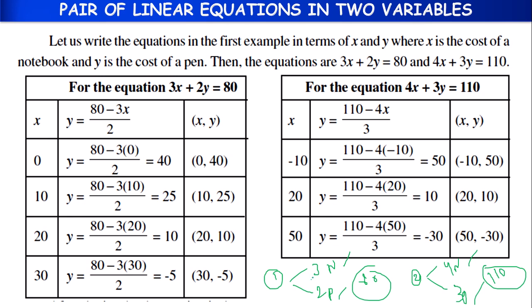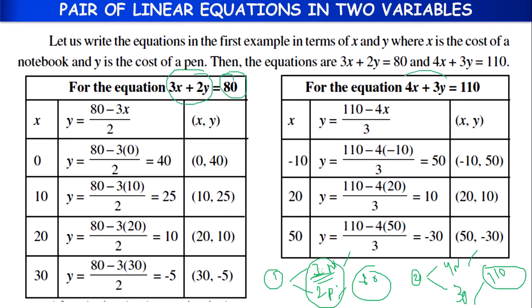If the cost of a notebook is X, then the total cost of notebooks will be 3X. If the cost of a pen is Y, the total cost of pens will be 2Y. So 3X plus 2Y, total amount is 80.